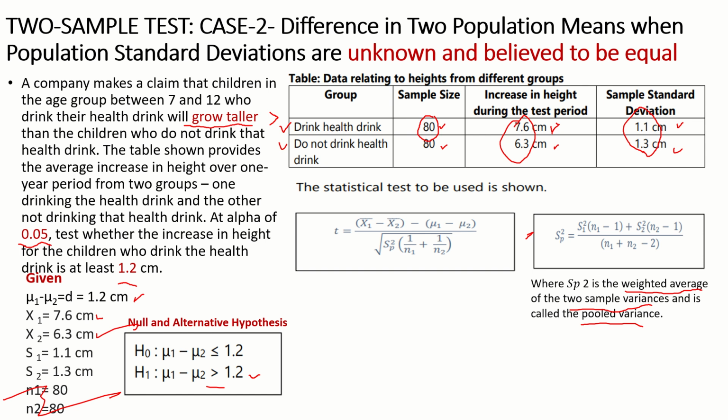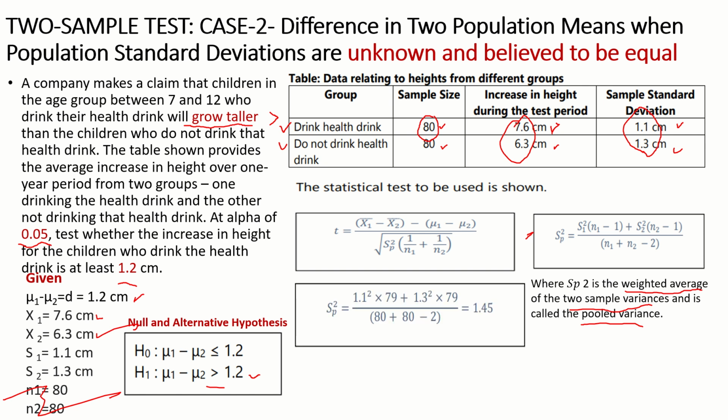Plus similarly for group 2, S2 square, which is 1.3 squared, into n2 minus 1, that is 79, divided by df. Df is 80 plus 80, which is 160, minus 2 groups, that means 158. We have filled in the values here, and finally we have got sp square as 1.56.